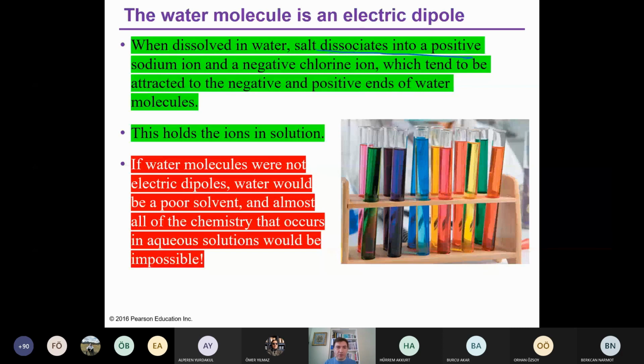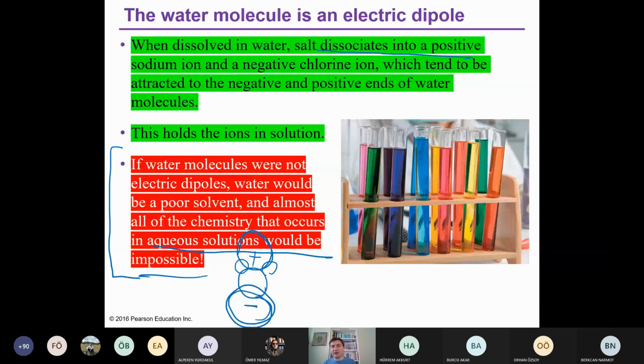If water molecules were not electric dipoles, if this type of arrangement of the molecules in water wouldn't be possible, then aqueous solutions would be impossible. Due to this property, water can collect negative ions on this side and it can collect positive ions on this side, and then it holds the ions in solution.